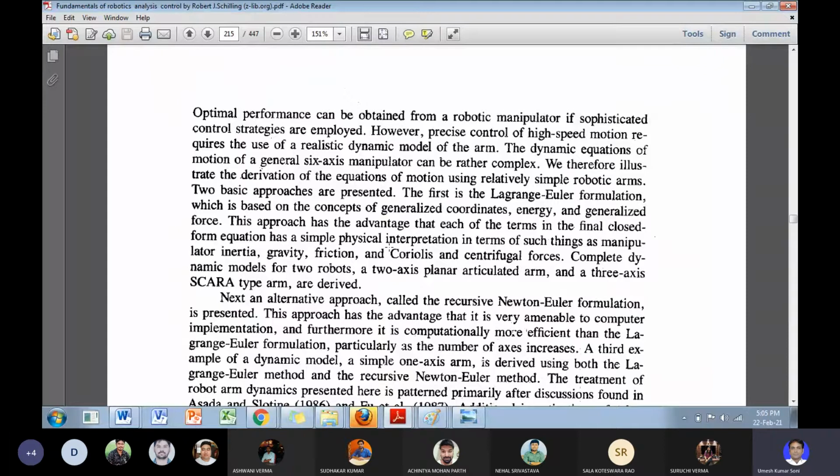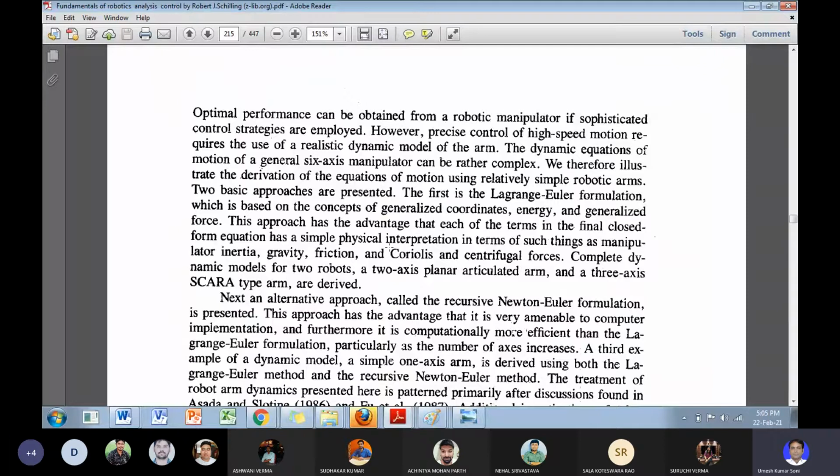Any force acting on the ith link, ith joint is given by the derivative of the Lagrange function with respect to the joint variable, and the derivative of this term with respect to the joint variable. Derivative means speed, this is the velocity, and the variation of the Lagrange function with velocity.